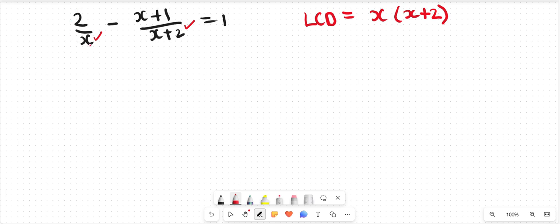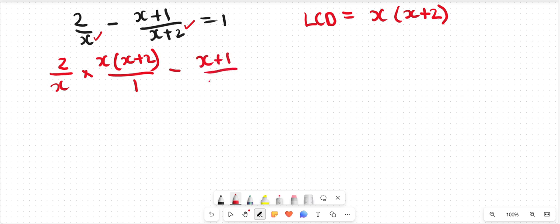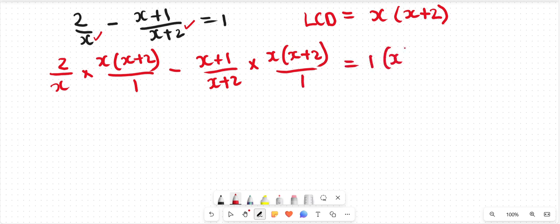If I times this fraction with my LCD, let me just write it so you can see what is actually happening. So that's how it looks for the first guy, this is my second guy, and that's how it looks for my second guy. And lastly, the 1 also needs to be multiplied by your LCD.